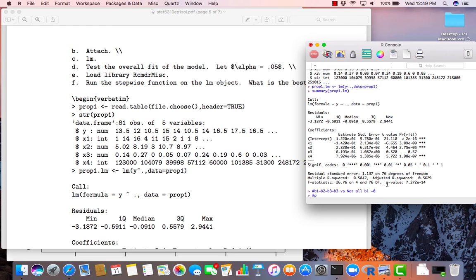Then the p-value comes from the last line, equals 7.272 e to the minus 14.